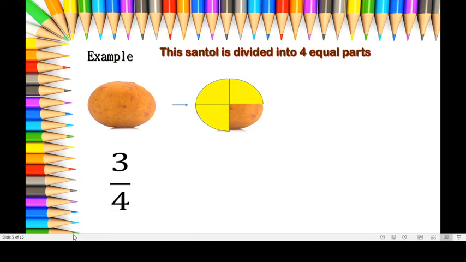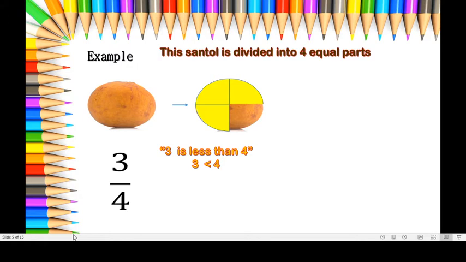Let us see. 3 is less than 4. 3 is the numerator and 4 is the denominator. So 3 is less than 4, and the symbol for that is like that.